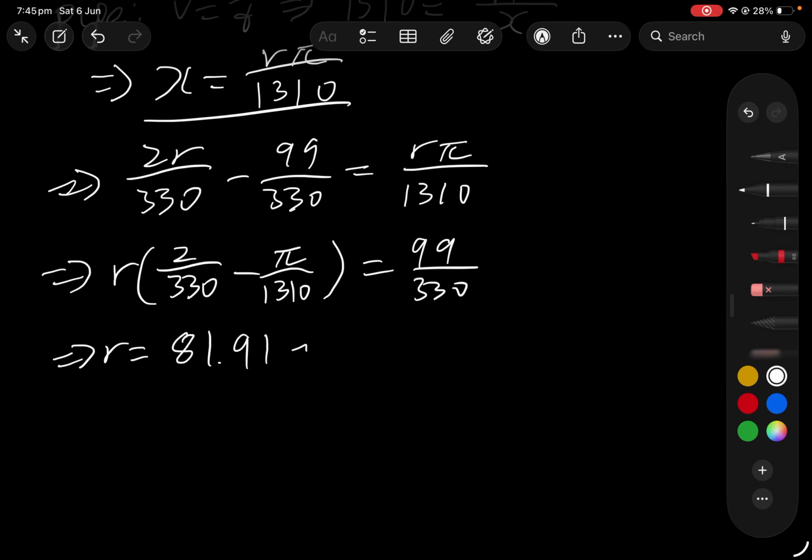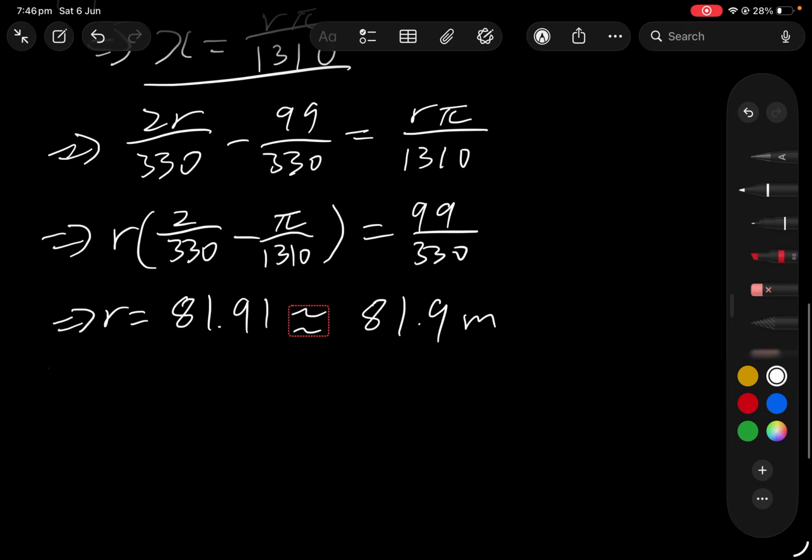Because it's physics, we round to 3 significant figures, so 81.9. It'll be in meters because the radius is in meters. Yep, that seems fine. Then we'll do our next question.